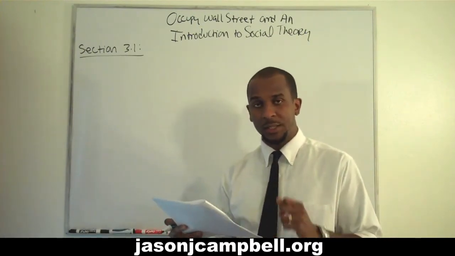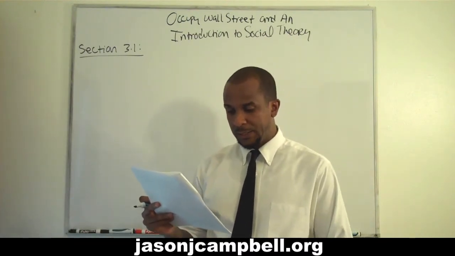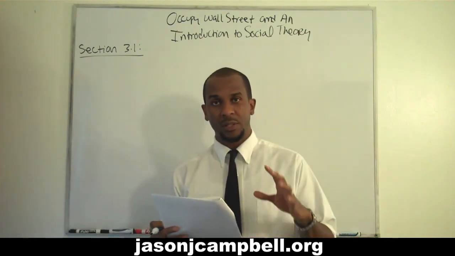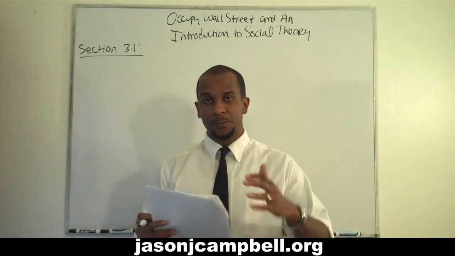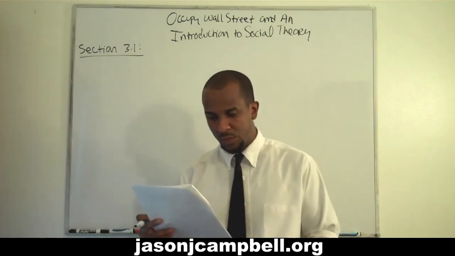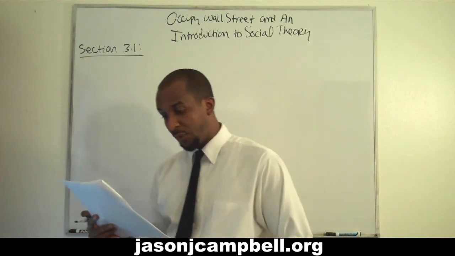As I've been doing in the past, what I'm going to do is read a section out of the author's text, do an analysis of the section, and then apply that analysis specifically to the Occupy movement. So let's look at the first section.